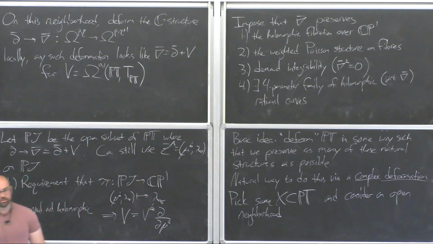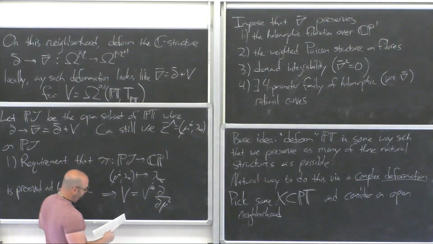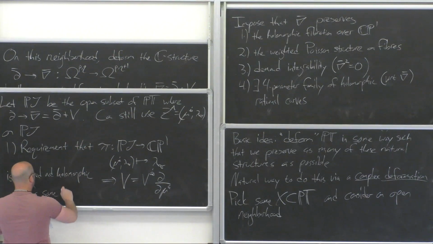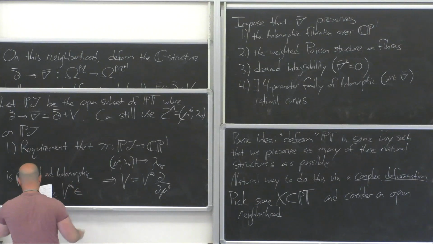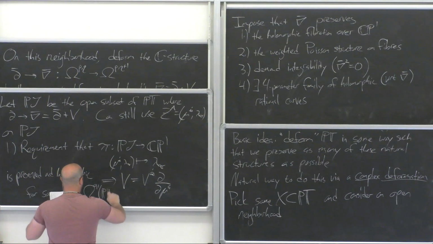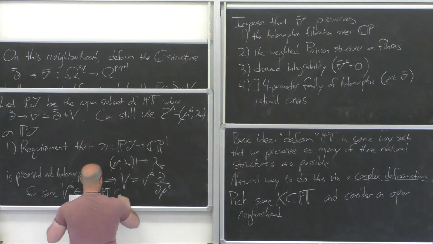So it can only point in the mu directions. If it pointed in the lambda directions, we'd screw up holomorphicity of this projection. Okay? So these coefficients V^alpha-dot, these things are (0,1) forms on PT, valued in O(1), and there's 2 of them.